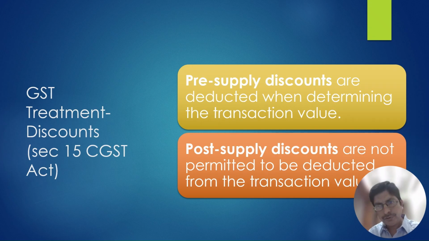This will not reduce A's GST liability. This will also not require B, that is the buyer, to reduce the proportionate input tax credit. Have you understood? This is the first amendment relating to financial or a commercial credit note.